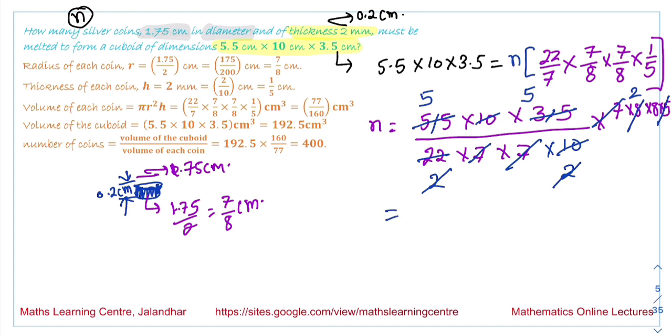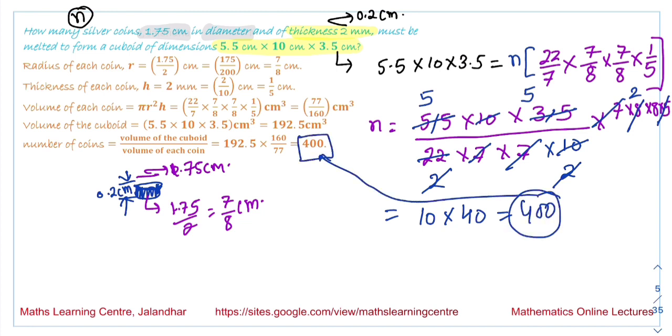So the answer we get over here is equal to 10 into 40, that is equal to 400. So we are saying the number of coins that are required is 400.